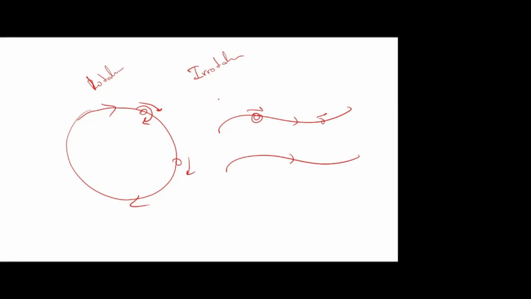It can be a curved streamline or straight streamline, but it depends upon the fluid particle only. Is it clear? If it is simply translating, then it is irrotational. If the particle is translating and also rotating, then it is called rotational flow.